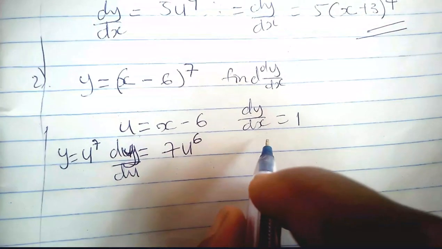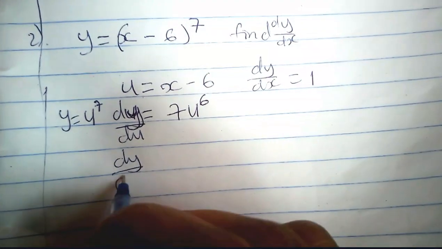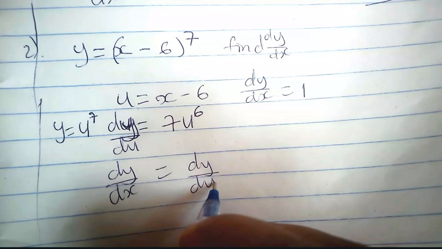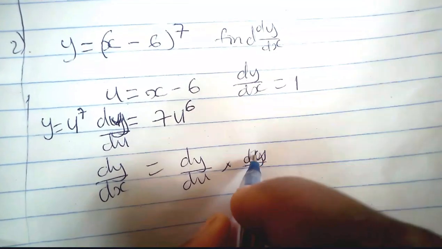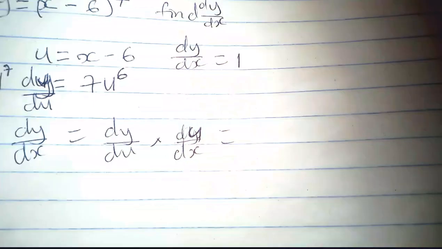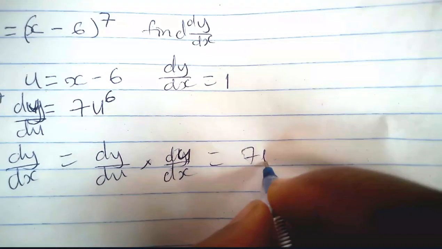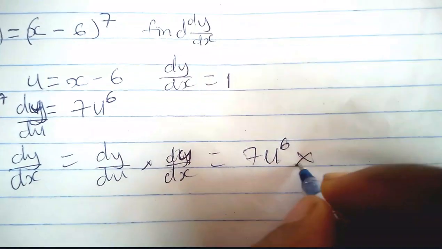So we now know from our chain rule formula that dy/du times du/dx is our dy/dx. So definitely we're going to be having 7u raised to power 6 times 1.